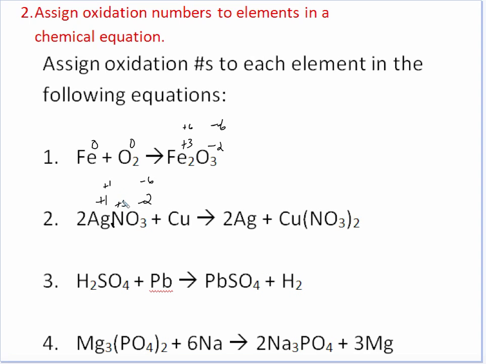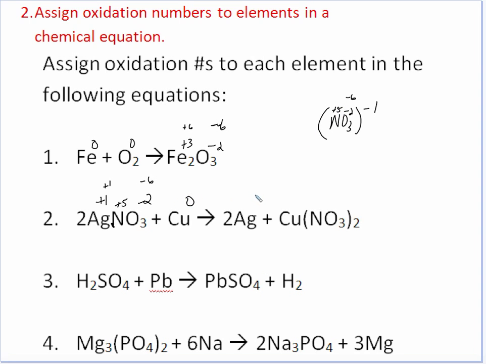It must be +5, because 5 plus 1 is +6. Or you can do nitrate like this: you know nitrate is -1, oxygen is -2 for -6, so what must nitrogen be to give you a net of -1? It has to be +5.